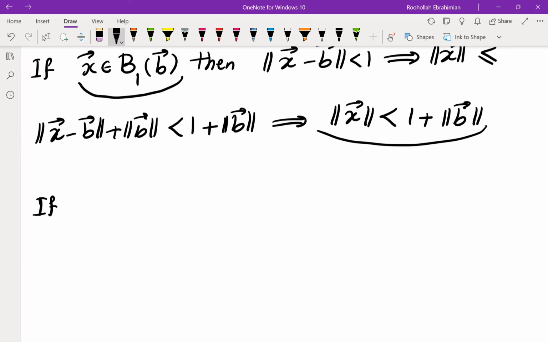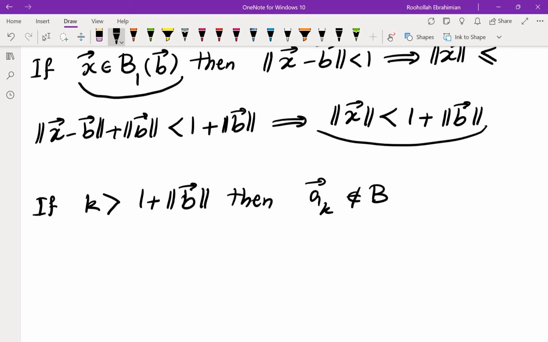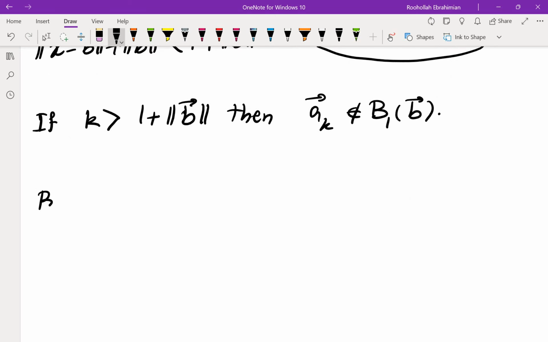It means if K is more than this norm, then AK is not inside this ball of radius 1 centered at B. So if you look at this ball of radius 1 centered at B, the intersection of that ball with A is finite, because everything after K is outside of this set.